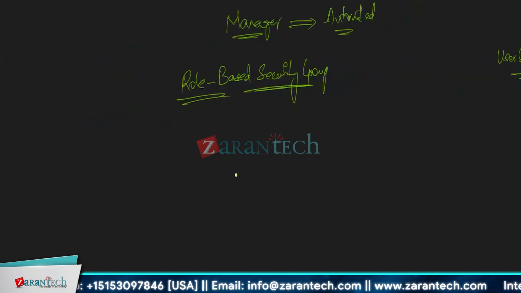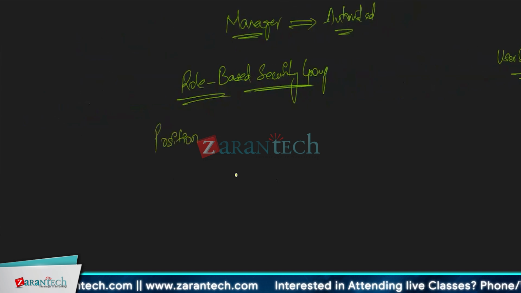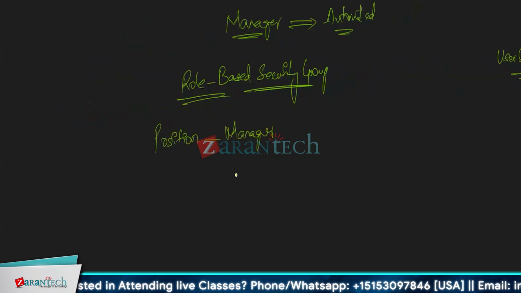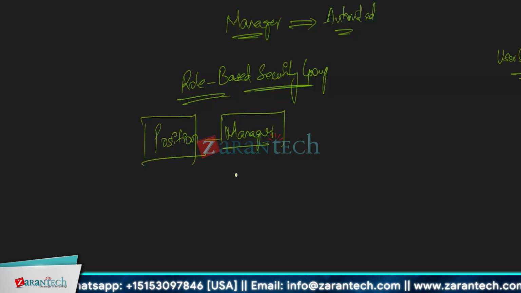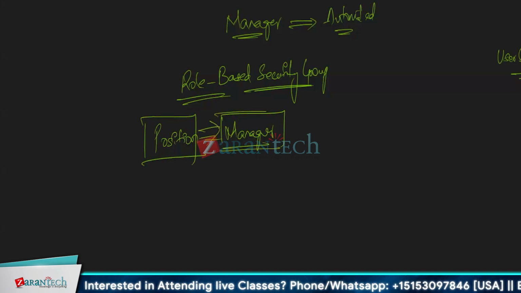So suppose there is a position, and this position is called manager. How will this position become the manager position? When you are creating a position, you will say that this person will be assigned the job profile of manager.